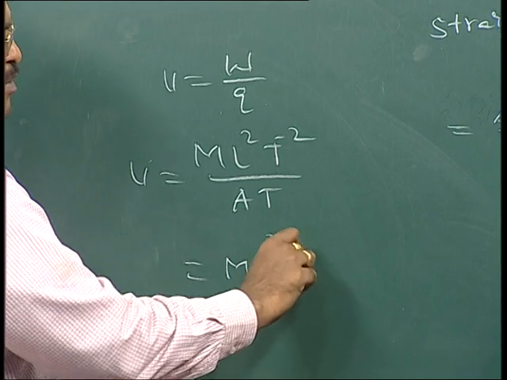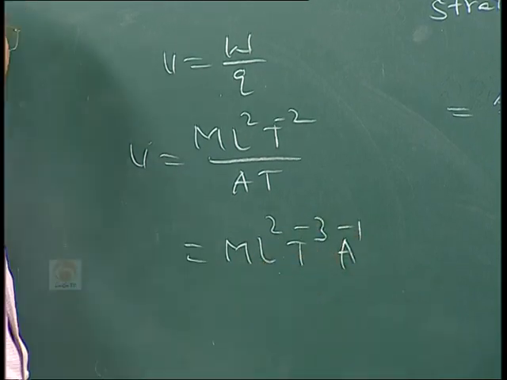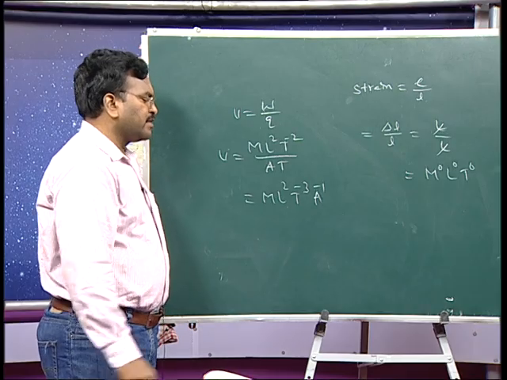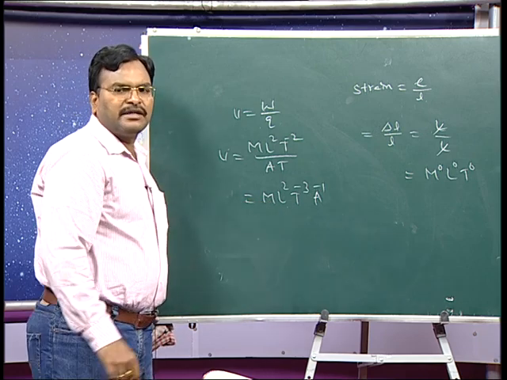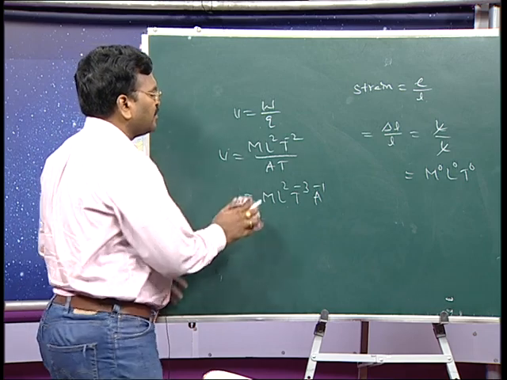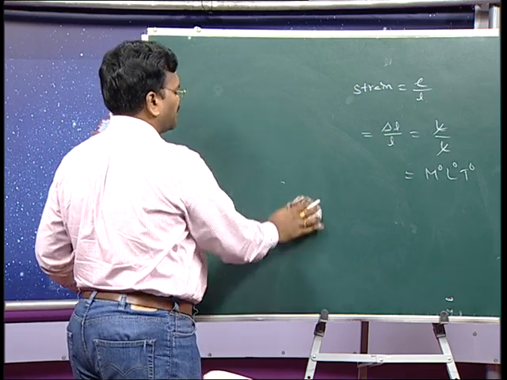ML²T⁻³A⁻¹. This is potential. Potential difference is also the same thing, nothing but potential only, with dimension formula ML²T⁻³A⁻¹. So anyhow, you learn all dimension formulas.